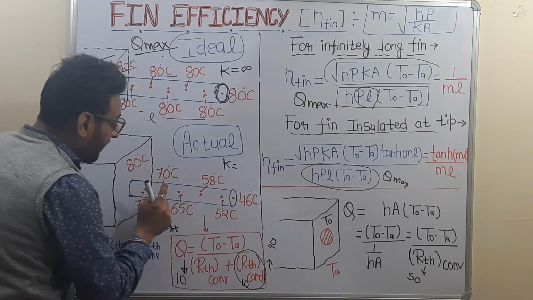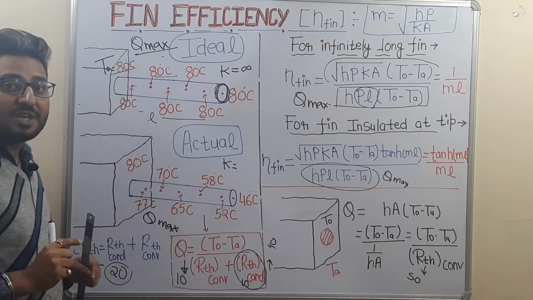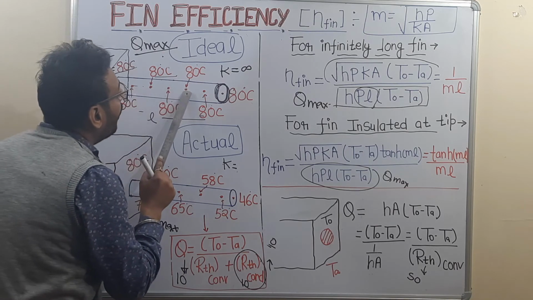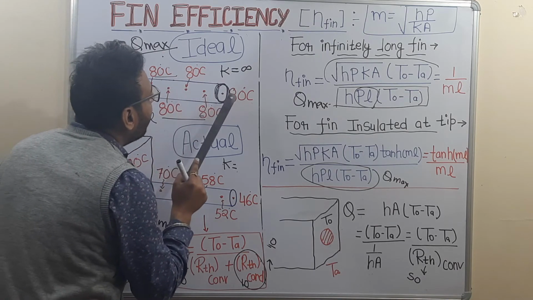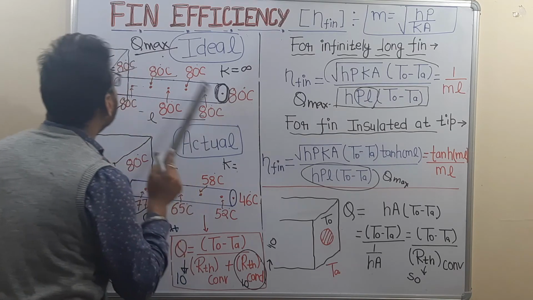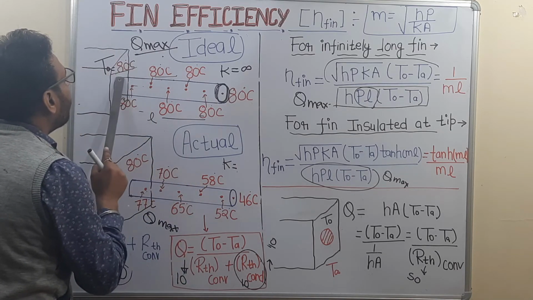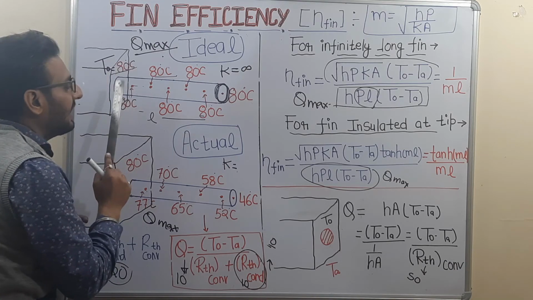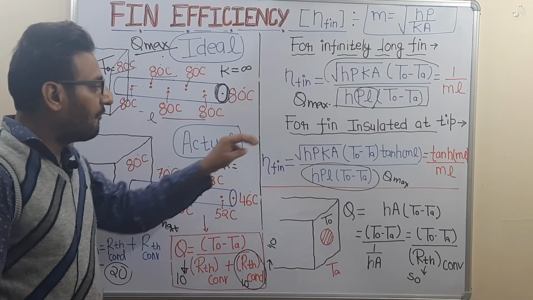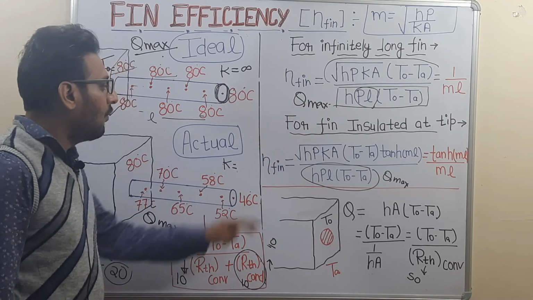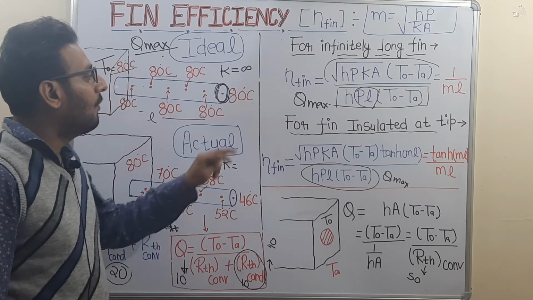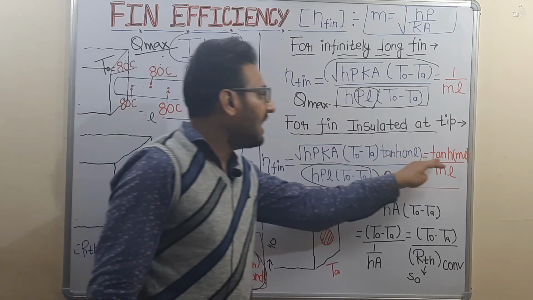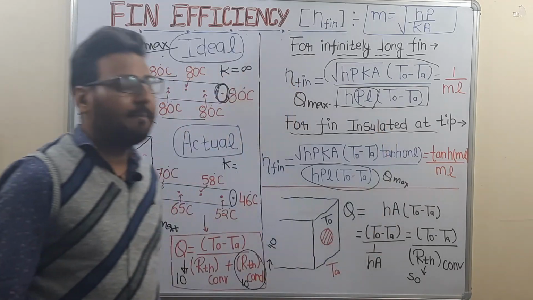If the thermal conductivity of this fin material was infinite, then the temperature at all points along the length of the fin would be 80 degrees centigrade, which is the temperature of the base or the wall to which the fin is attached. After simplifying this expression, we get the expression for fin efficiency in case of an insulated tip as tanh(mL) divided by mL.